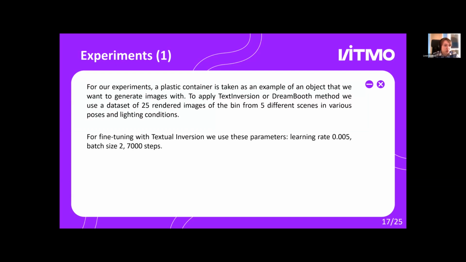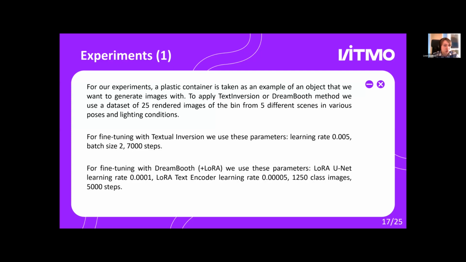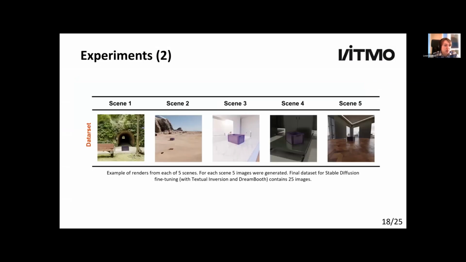For fine-tuning with textual inversion, we use parameters which you can see on the screen, and for Dreambooth, we use Dreambooth with LoRA because we don't have a lot of computational resources, so we use LoRA as an approximation of Dreambooth with these parameters, which you can see on the screen. This is an example of renders from each of the 5 scenes.